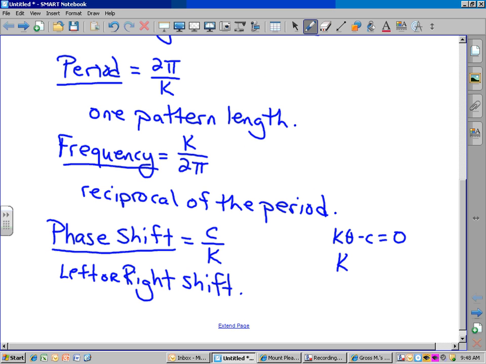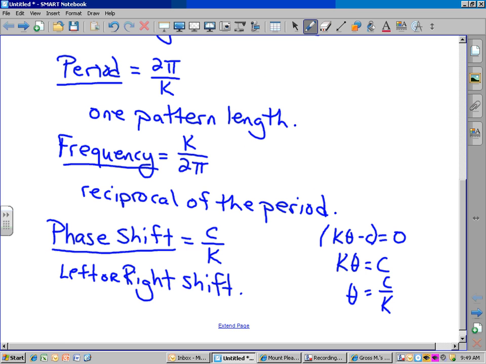Solving for theta, you get C over K. I think people screw up the phase shift because they don't remember to switch the sign in front of C. It is K theta minus C. We're asking for C over K, so you have to switch the sign. This eliminates having to think about that. Put whatever's inside the parentheses equal to 0, solve it, and you have your phase shift. I think that's easier.